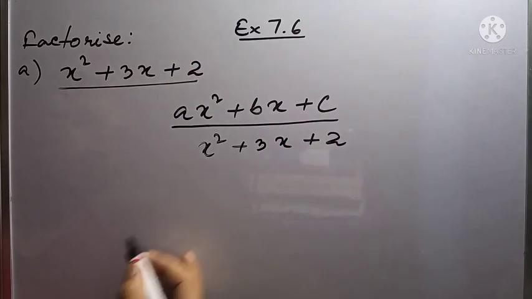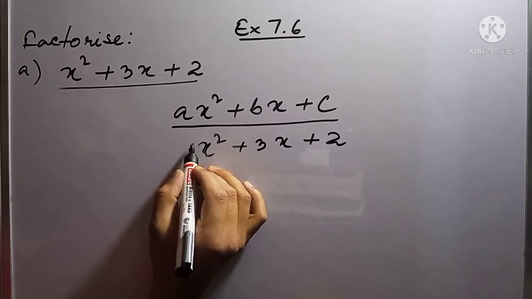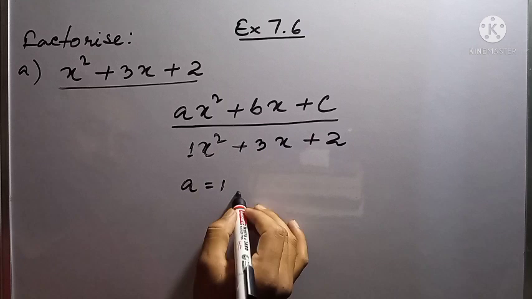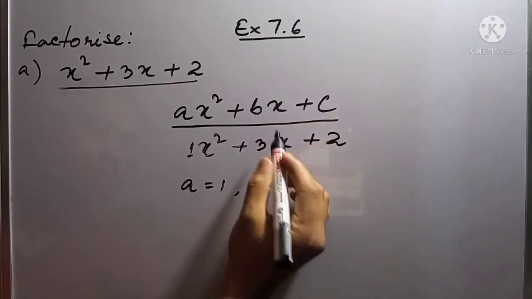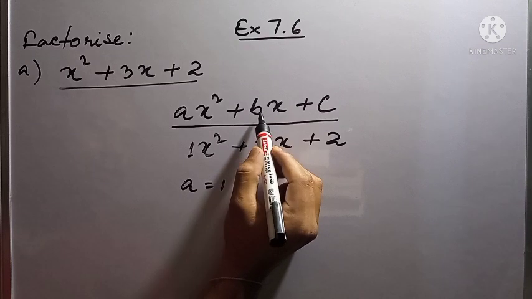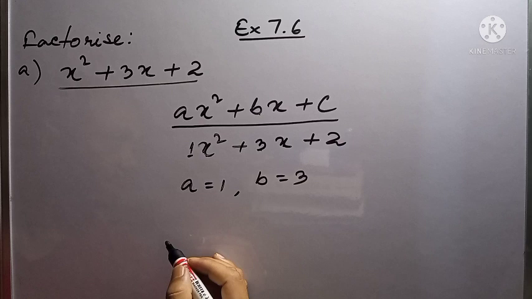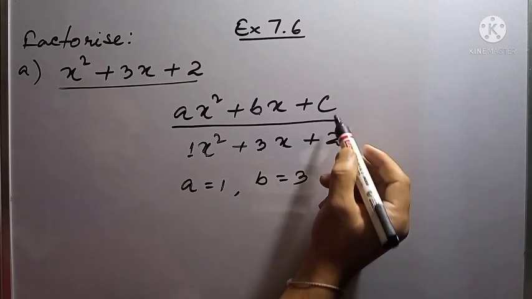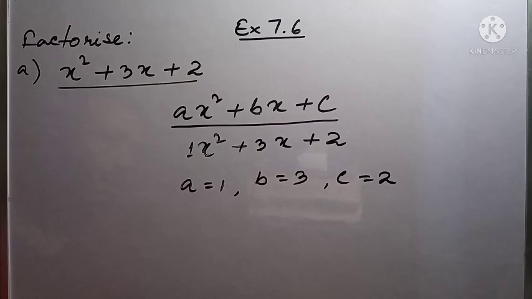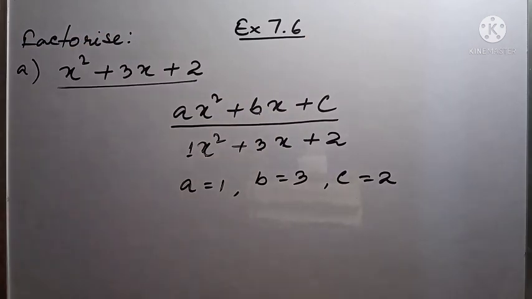What is the coefficient of x squared? This is nothing but 1, so a is 1. The coefficient of x is b, so b is 3. Similarly, c is equal to 2, and this c is what you call the constant term.